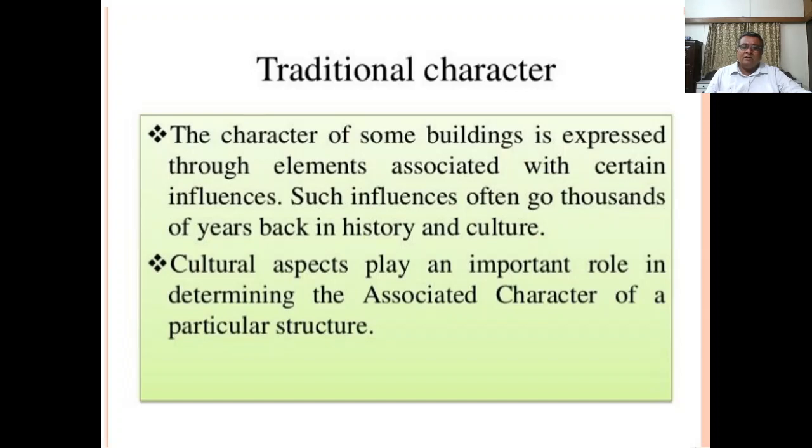Then traditional character. According to tradition, the character of some buildings is expressed through elements associated with certain influences. Such influences often go back thousands of years in history and culture. Cultural aspects play an important role in determining the character of a particular structure.